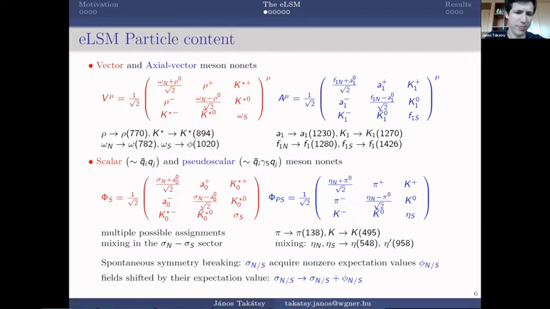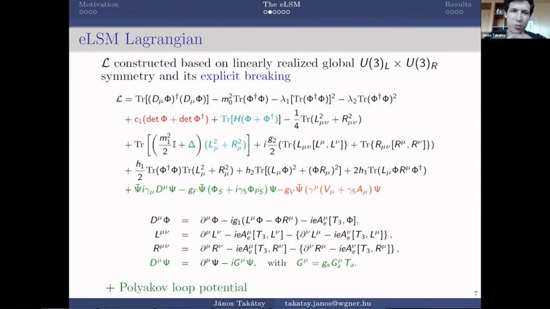Also here we consider spontaneous symmetry breaking, which is due to a non-strange and a strange scalar condensate. So let me move on to our Lagrangian, which might look a bit complicated, but what is important to tell you about it is that it contains basically the most general terms up to a certain order of the mesonic fields.